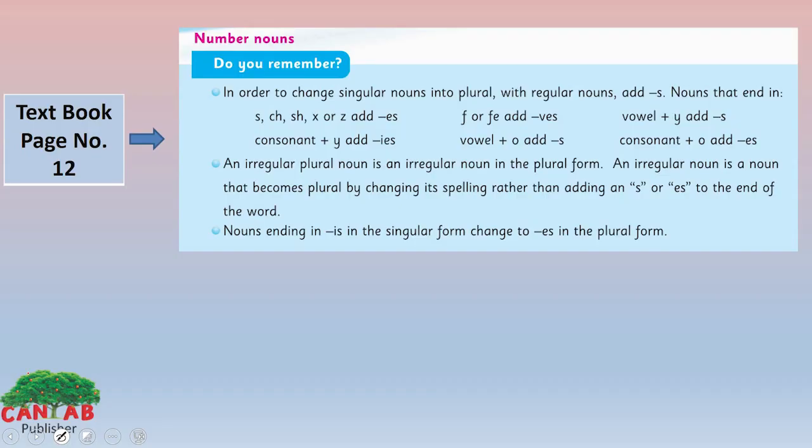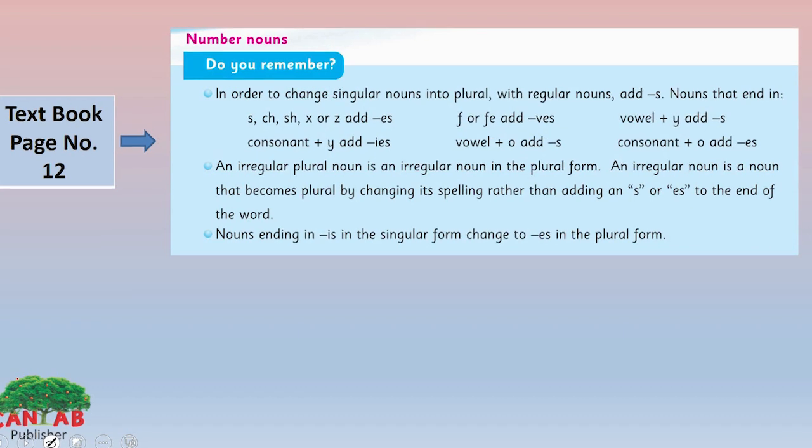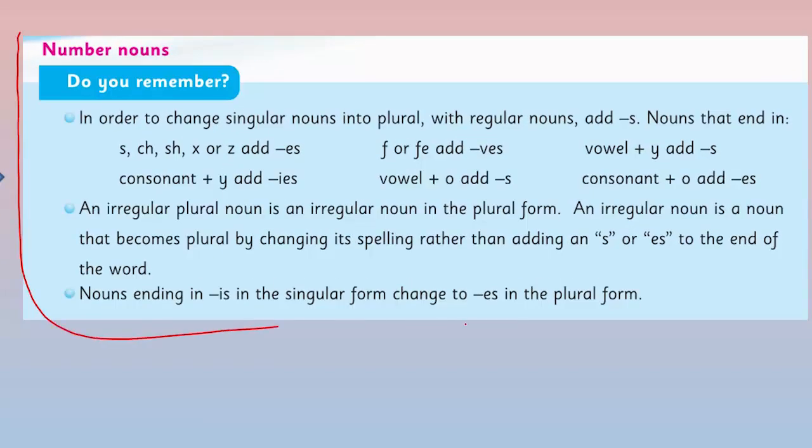Now look at the page number 12 in your textbook. We have a grammar section here. Numbers, noun. Dear students, I hope you have learned the singular nouns and plural nouns, the irregular plural nouns, and the nouns which end with is.